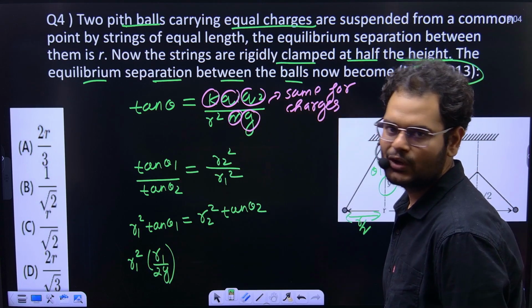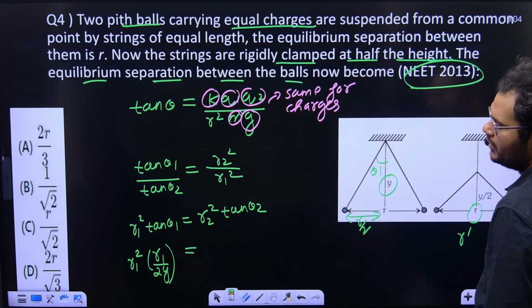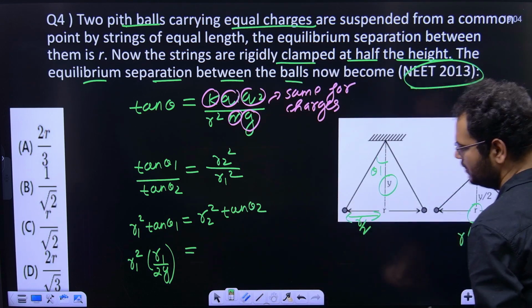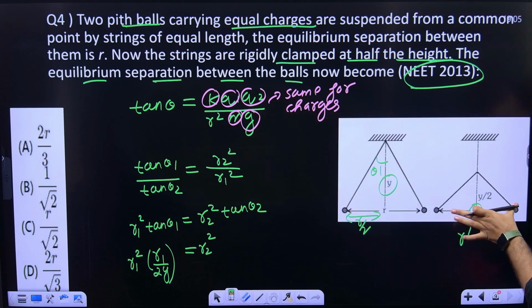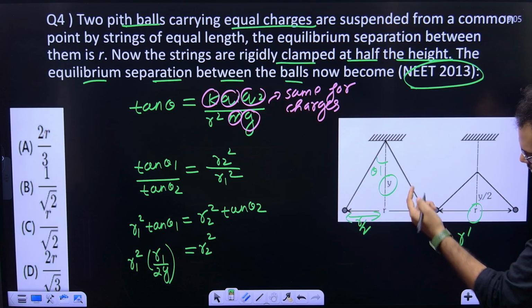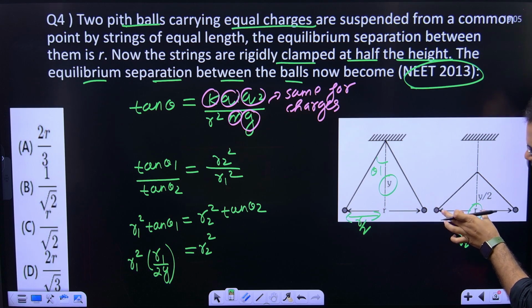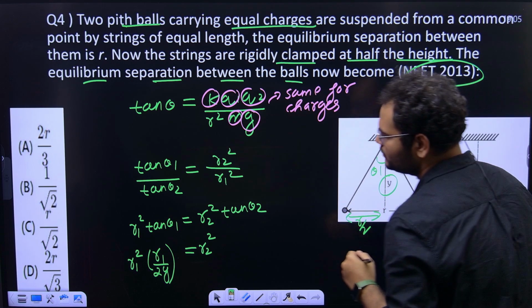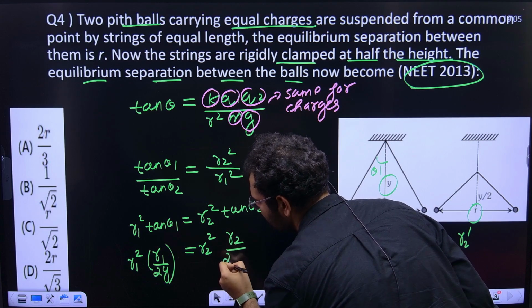Similarly, R2 square into tan theta 2. If this is R2, then this distance is R2 by 2, so I will write R2 by 2.